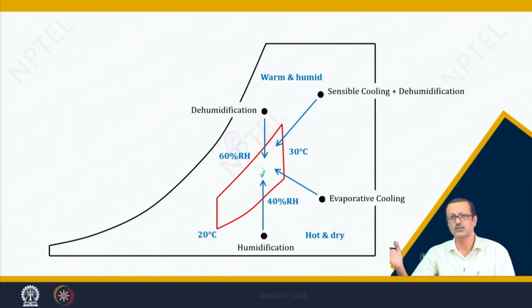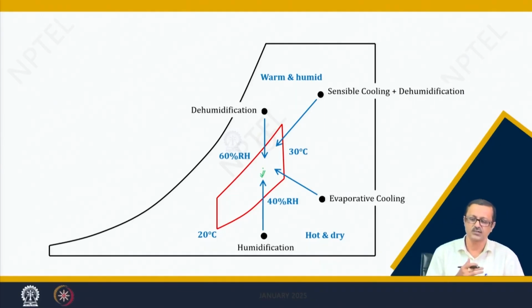Whereas, if you go to the other point, which is the sensible cooling and dehumidification point, you have to push it inclined towards down, and it requires both components, that is the cooling and also some kind of dehumidification.